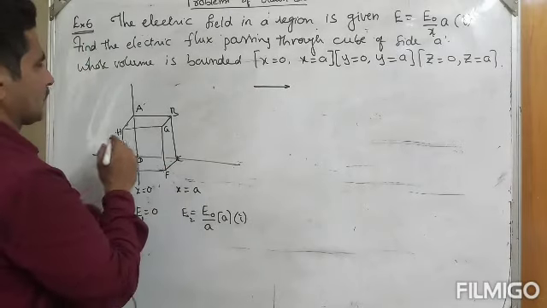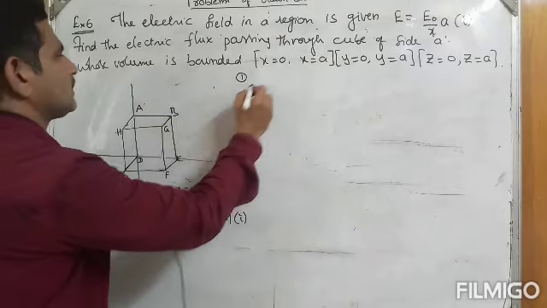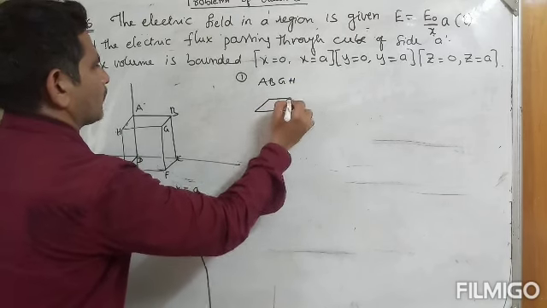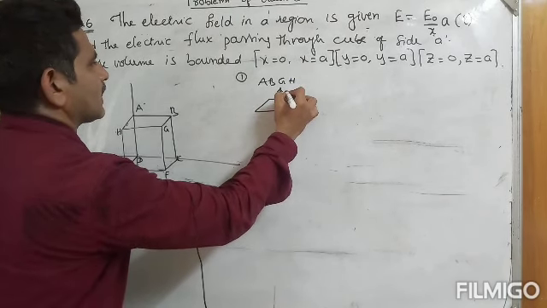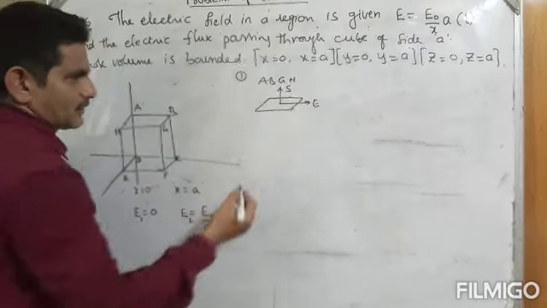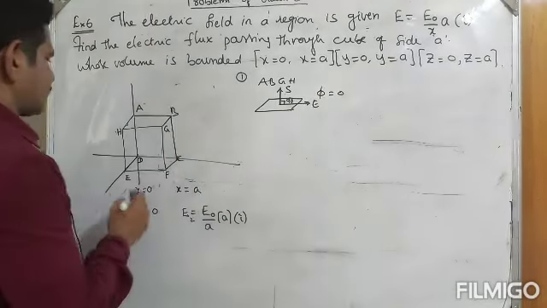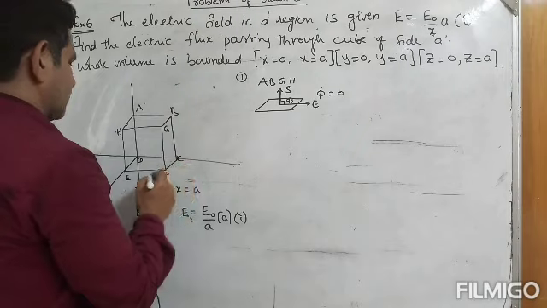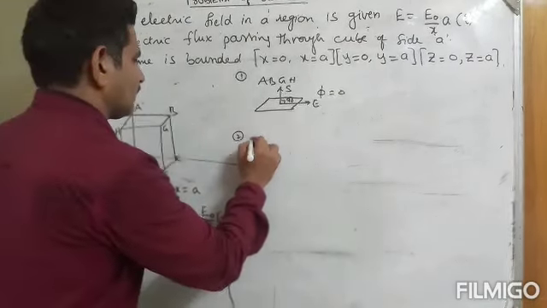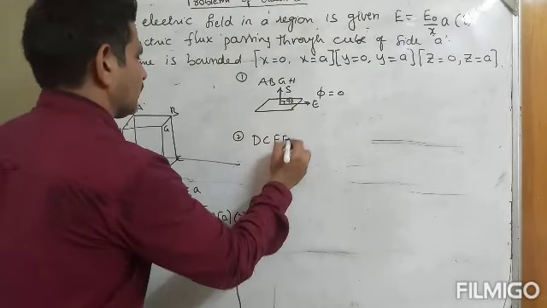There are 6 planes. Plane 1, ABGH, right? Area vector in this direction, electric field in this direction. Let us say area S, 90 degrees. So flux is 0. Next, one more plane you can take. What is that? Second one, DCFE. In what direction?